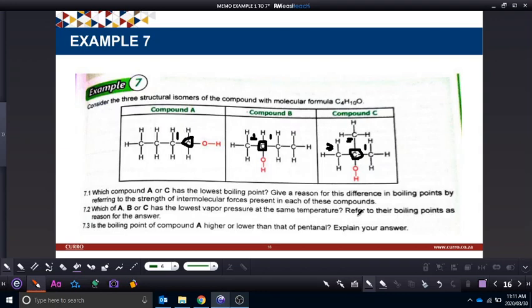Which of A, B or C has the lowest vapor pressure at the same temperature? So the lowest vapor pressure is the one with the highest intermolecular force, and that will be compound A, because it has a long straight carbon chain.